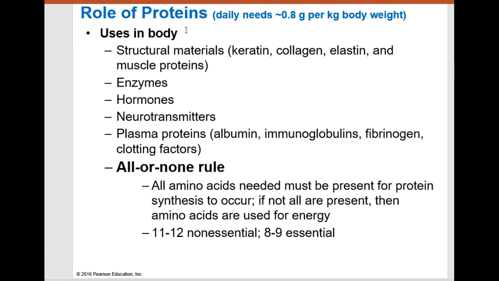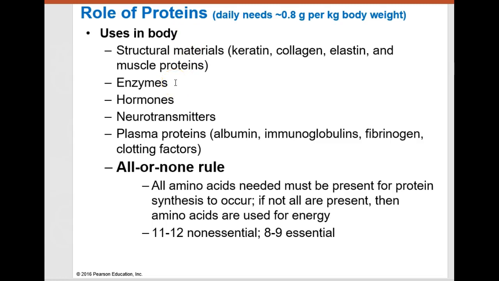Elastin is in the skin and within muscle as well, muscle sarcomeres. Muscle proteins such as actin, myosin, desmin, nebulin are all made of protein.